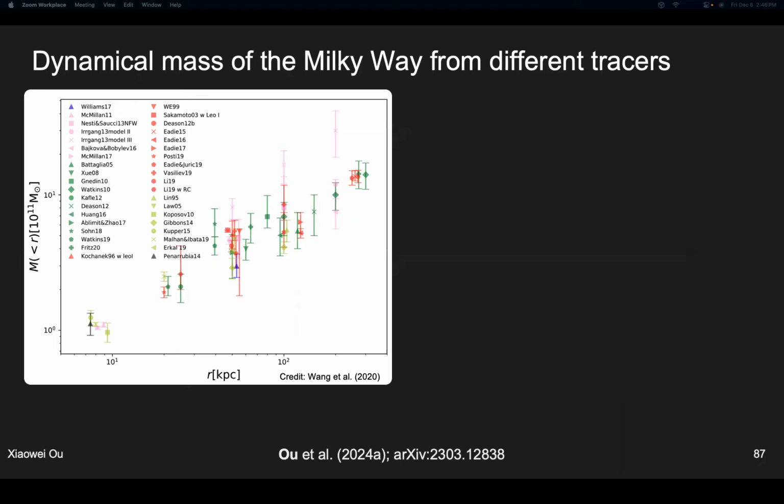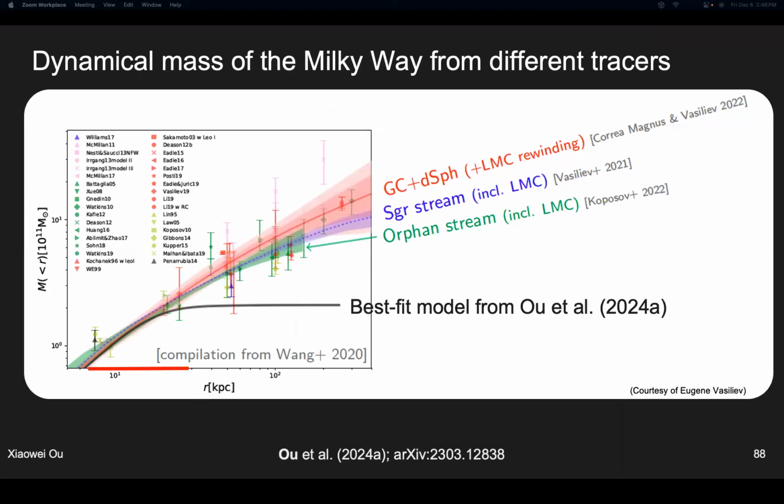Here is a compilation of the enclosed mass as a function of distance on a log scale from different previous studies. If we now overplot our best fit model on the same space, we see that there is a big discrepancy in the outer halo, where at about, say, 100 kiloparsec, the constraints from globular clusters or dwarf satellites, as well as stellar streams, are telling us a Milky Way mass that should keep increasing, going up to 10 to the 11, 10 to the 12 total solar masses, whereas the best fit here is giving something that's completely flat.